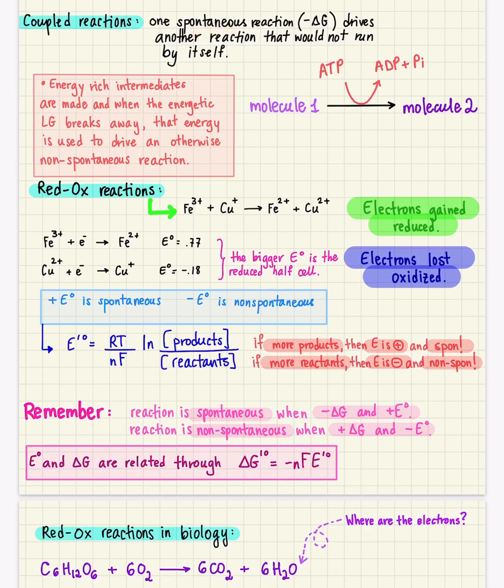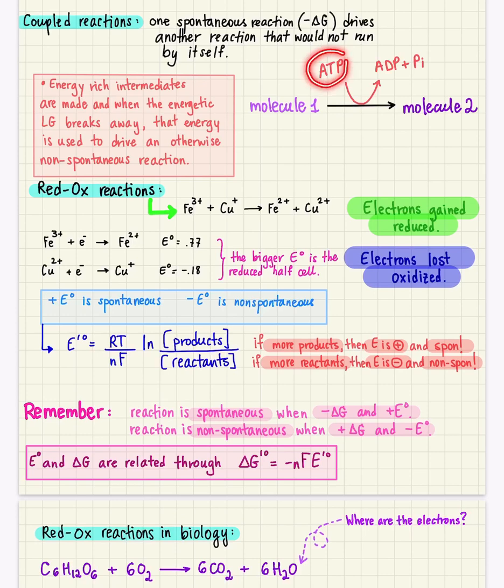If you'll take a look over here, if molecule 1 is becoming molecule 2 through some reaction, this will not take place unless the energy from ATP hydrolysis is harvested and used to run this reaction.